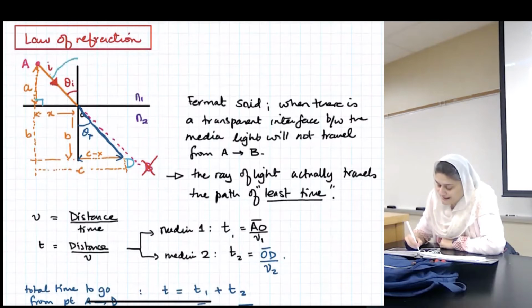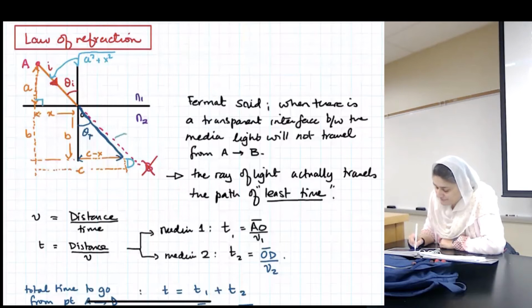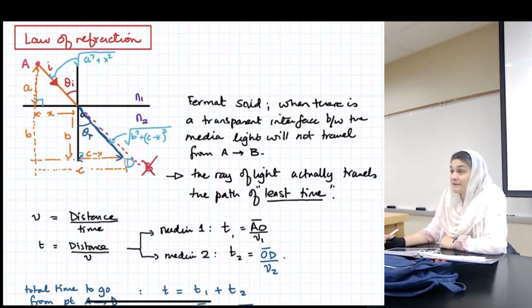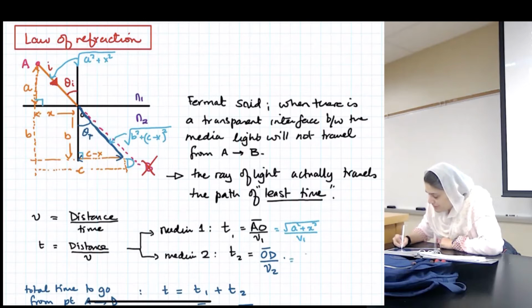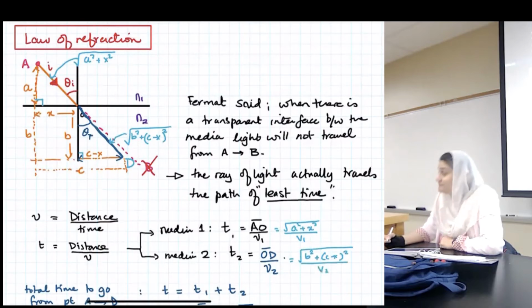So what is this side actually? Good. And what is this side then? Correct? May I plug these values in this equation that I have? So may I write this as square root of a squared plus x squared divided by V1? And may I write this as square root of b squared plus c minus x squared over V2?